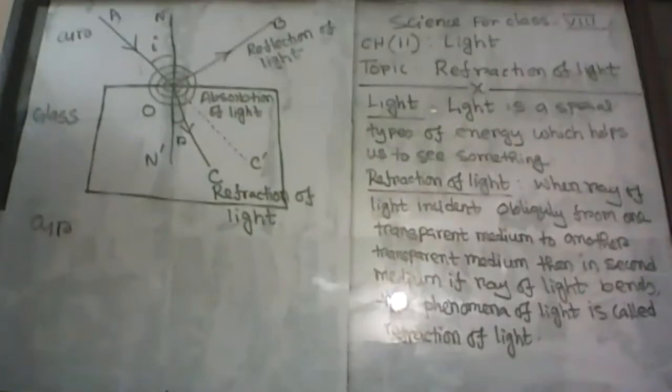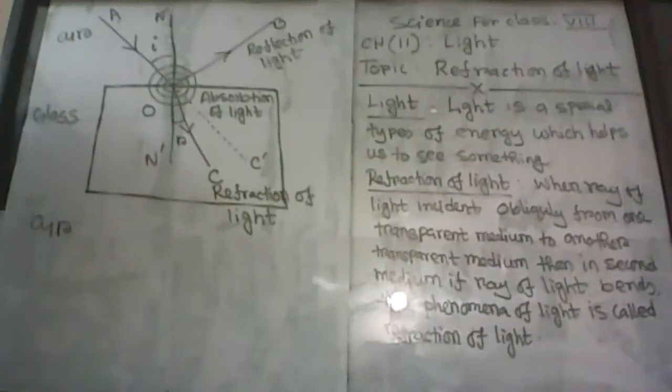Okay. The reason for the bend is that, while passing from one transparent medium to another transparent medium, you see that in glass medium the speed of light varies from that in air medium. In air medium, the speed of light varies from that in water medium.